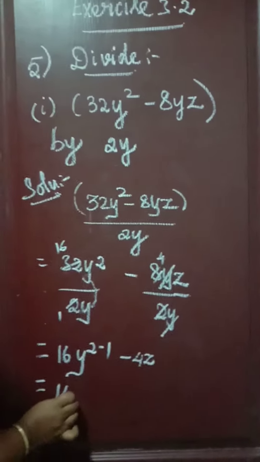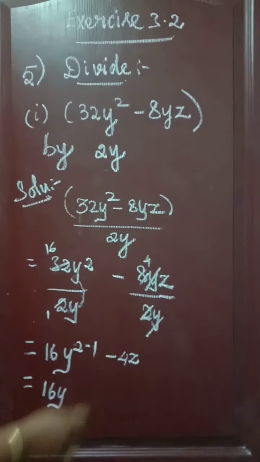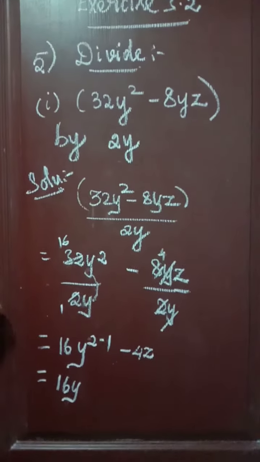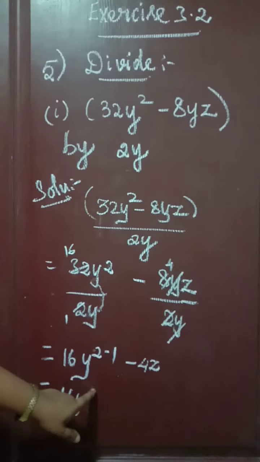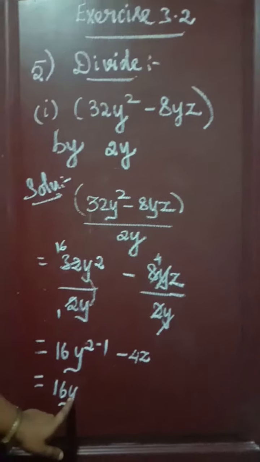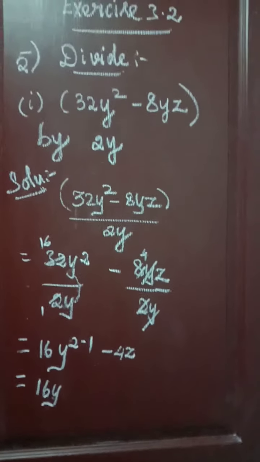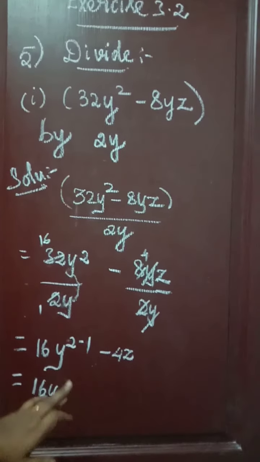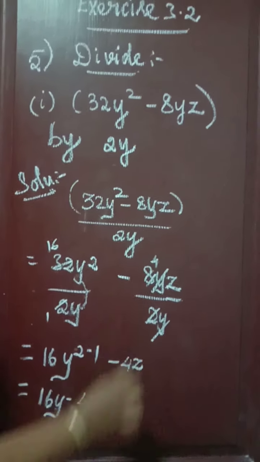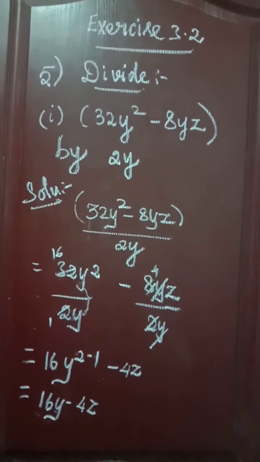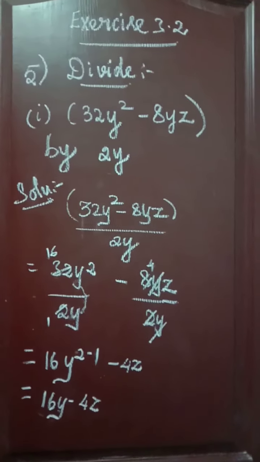So 16 y power 2 minus 1. What is the answer? 2 minus 1 is 1. Whether we put 1 or not, it is the same, y is equal to y power 1. So I write 16y minus 4z. This is the answer of the sum. 16y minus 4z is the answer of the sum.